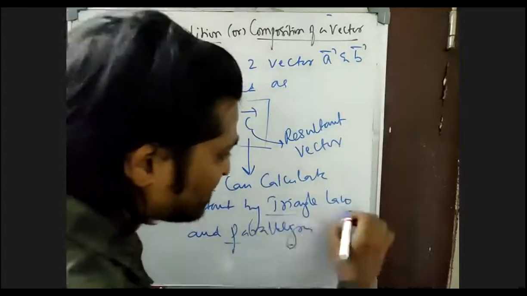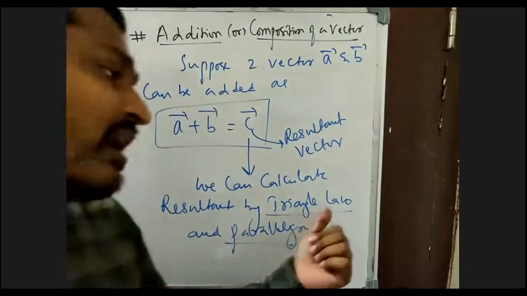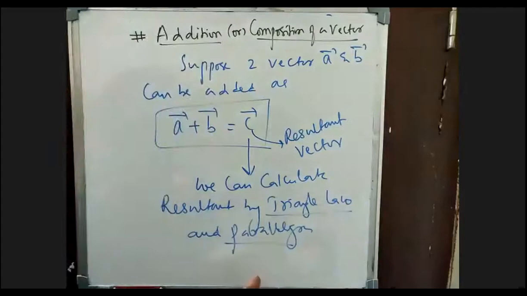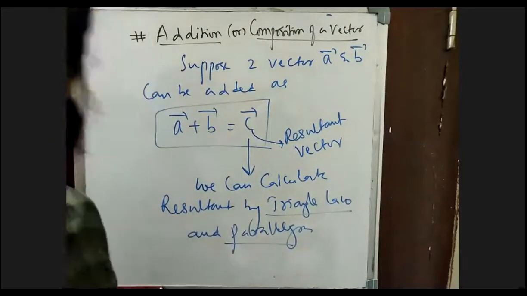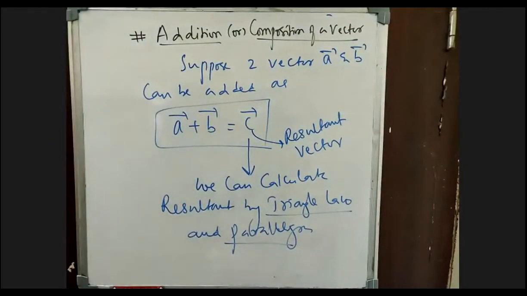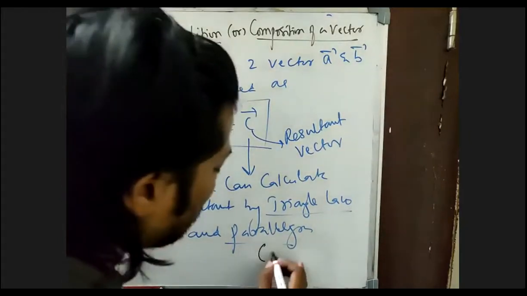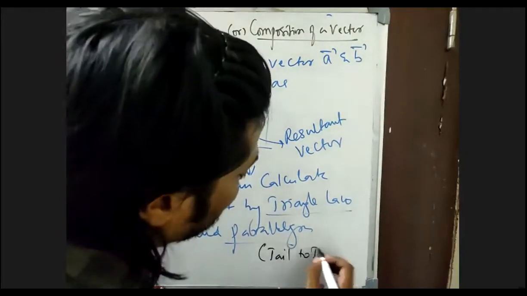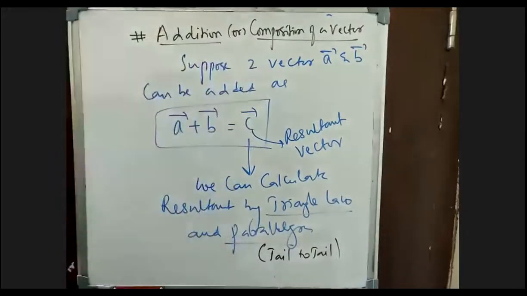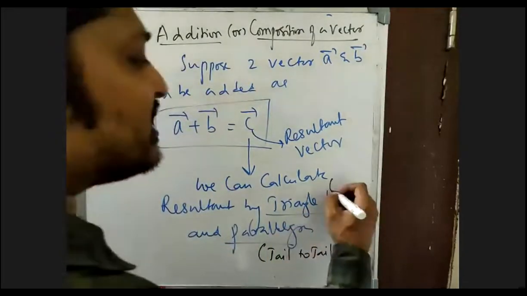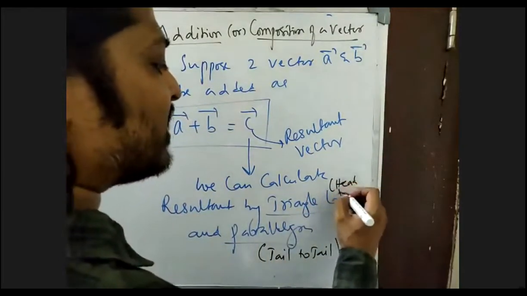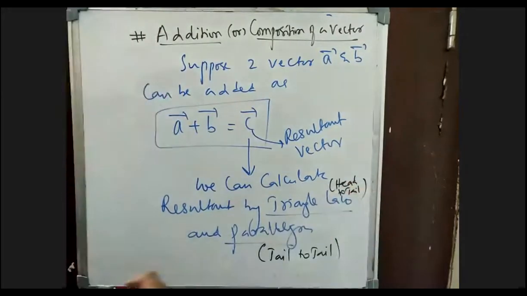What is the difference between them? One is your head to tail method, another one is your tail to tail method. Tail to tail method is known as your parallelogram law. Triangle law is nothing but your head to tail method. Head to tail method is known as your triangle law.